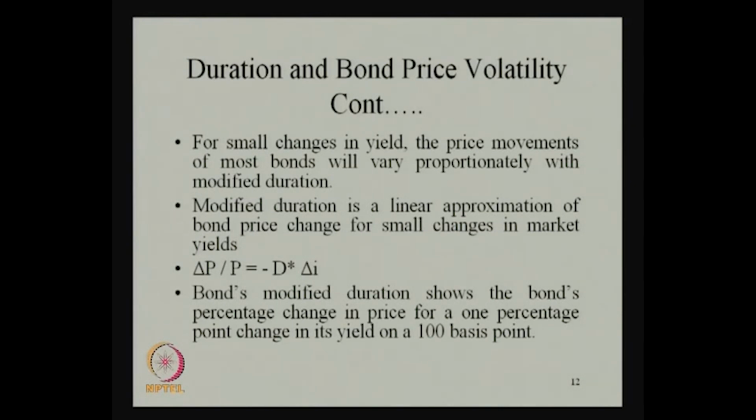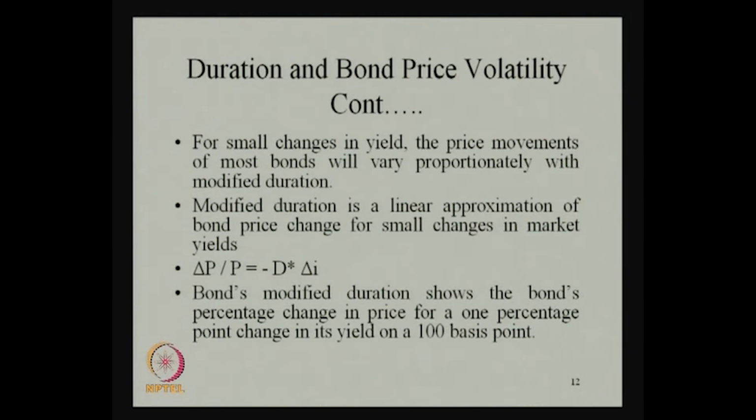What we have seen is that for small changes in yield, the price movements of most bonds will vary proportionately with modified duration, as we have observed from this example. That is why the modified duration is a linear approximation of bond price change for small changes in the market yields.